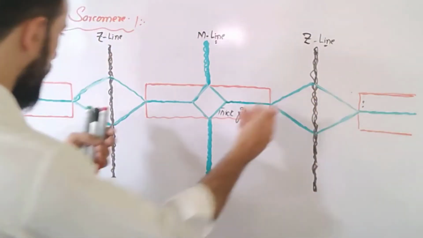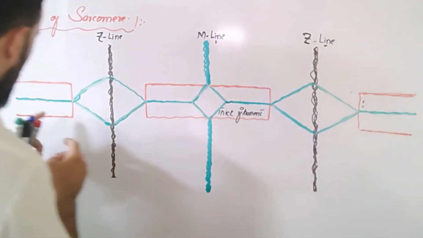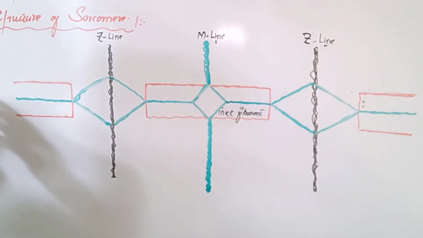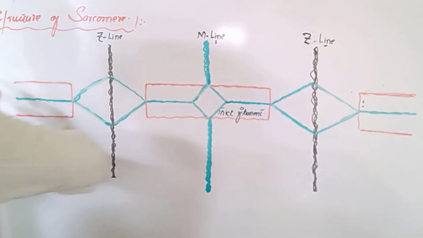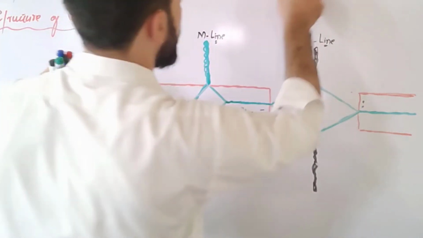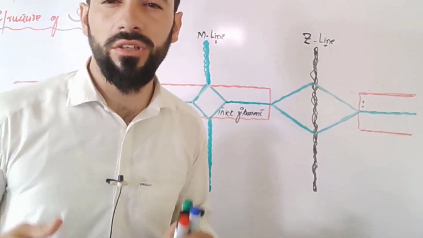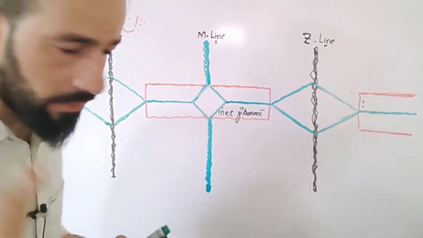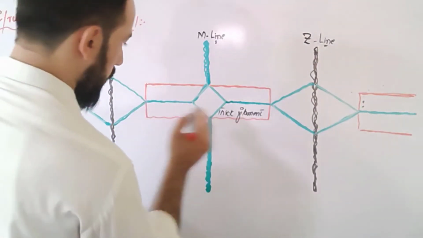From those sarcomeres, M lines come and connect with these Z lines, and you will know that the Z line of that sarcomere is connected through all these. So all the millions of sarcomeres are connected with each other through these M line proteins, right my friends?